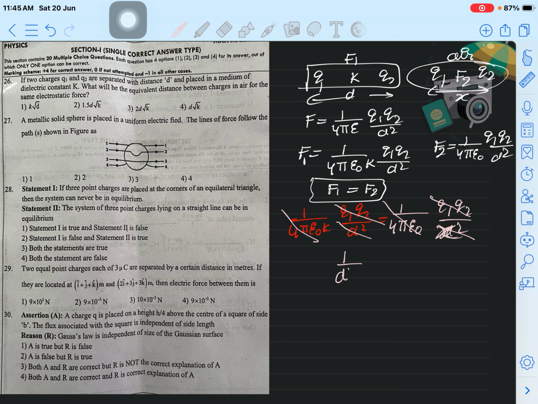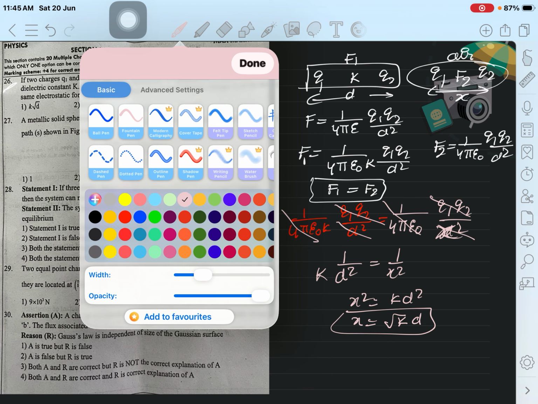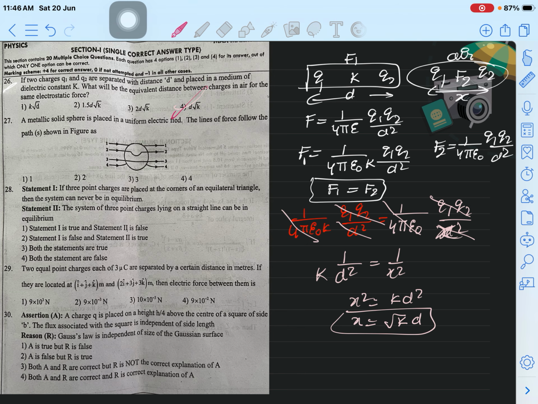On this side it is k d square, on this side it will be x square. If you cross multiply, x square is equal to k d square, and x is equal to d root k. Which is the right option? D root k is the option.